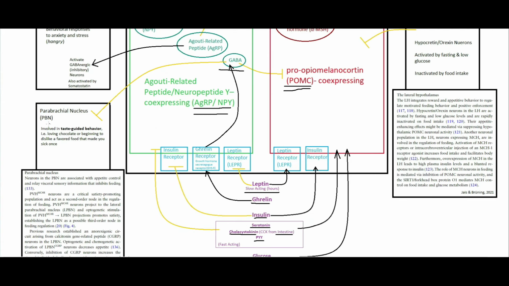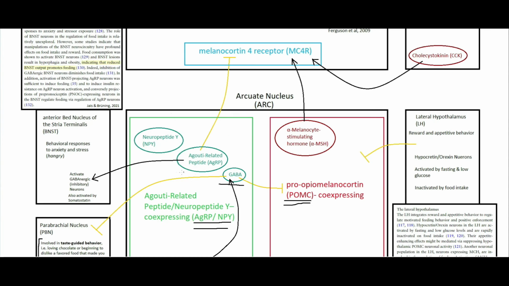The parabrachial nucleus is involved in taste-guided behavior, like your favorite food, or there will be changes there if you start disliking a food because it made you sick once.